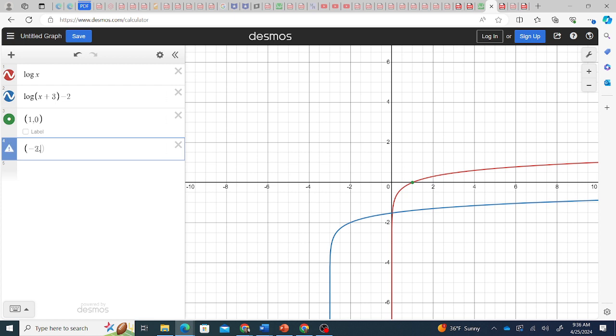I'm going to show you. Just give me a second. Every graph generally has the point 1, 0. But look at what happened to that point. That point moved down 2 and over 3.